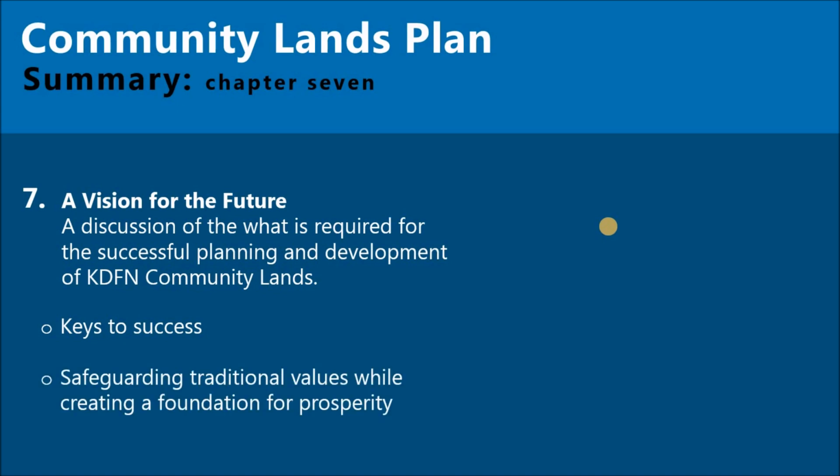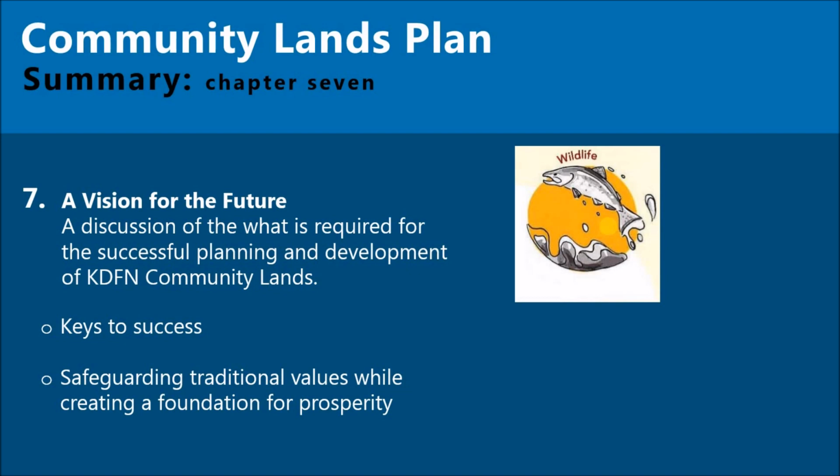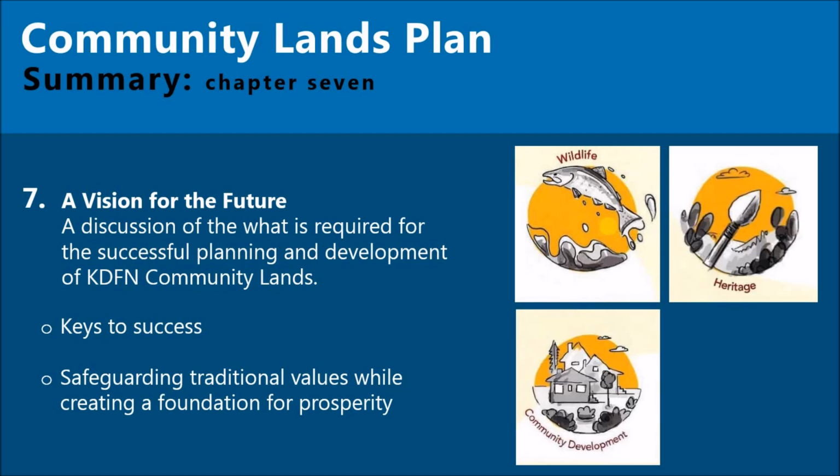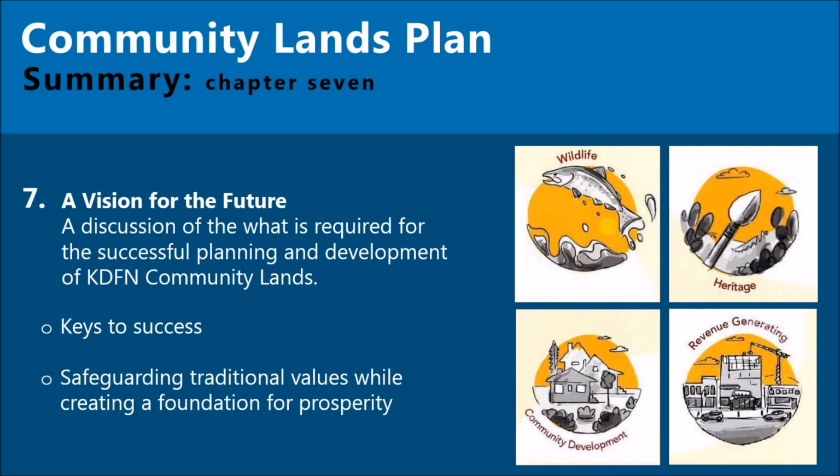And as part of that discussion, we talk about safeguarding traditional values and making sure that values such as wildlife and heritage are really secured before we move into development. And we talk about that foundation of prosperity, which involves this careful balancing of traditional values like wildlife and heritage and community development, along with generating revenue.